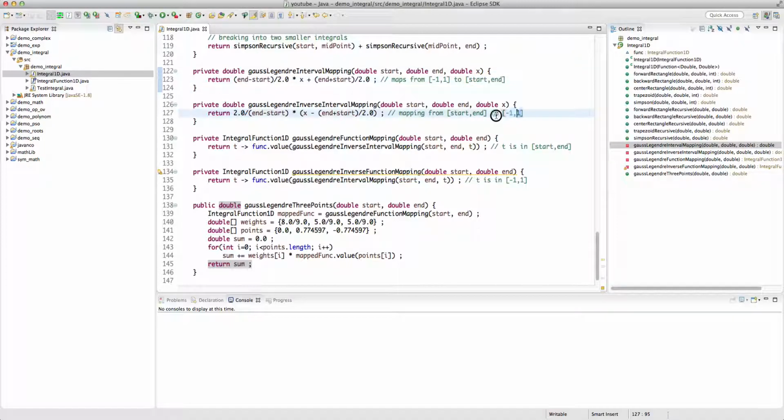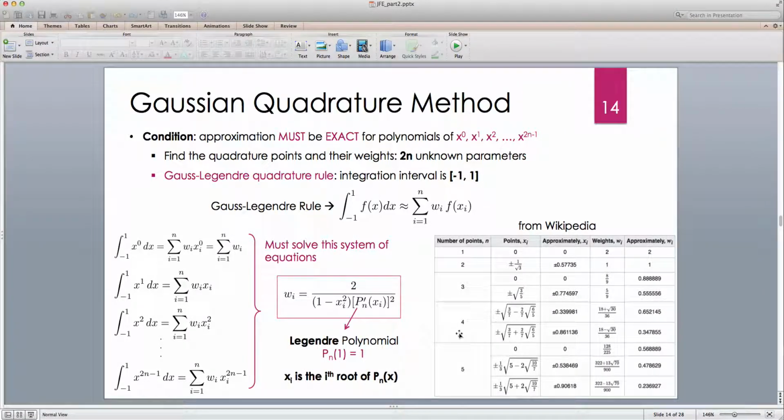Why are we going through this? Because for the Gauss quadrature, the closed form equations for the weights and the points are based on the fact that the original Gauss-Legendre is based on the Legendre polynomial if and only if the integral limits are from -1 to 1.